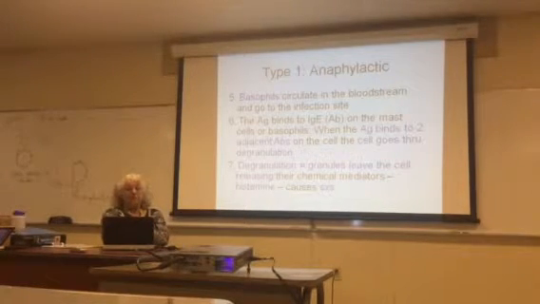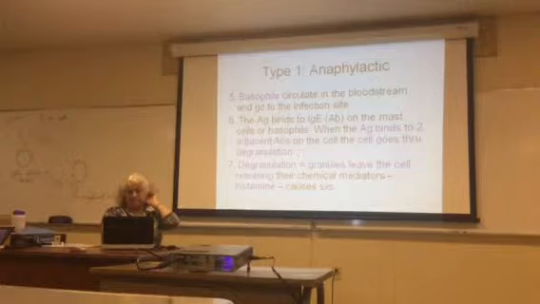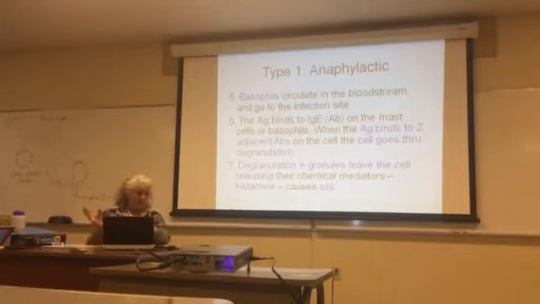Basophils circulate in the bloodstream. They are part of your formed elements, your different blood cells, and so they go right to the infection site. They're already moving along in your blood, and when you get an infection, those chemical mediators draw that blood cell to that area.